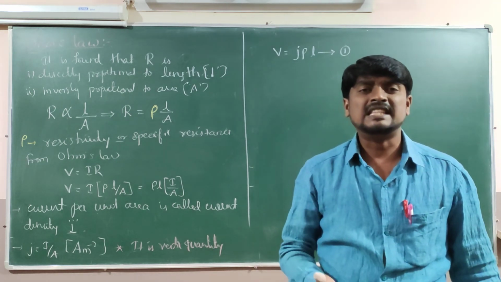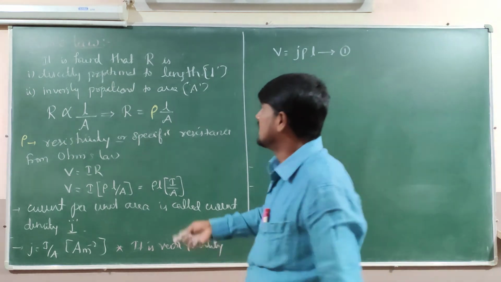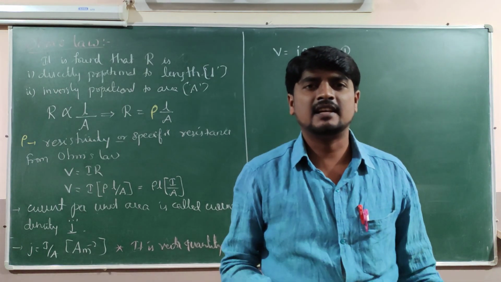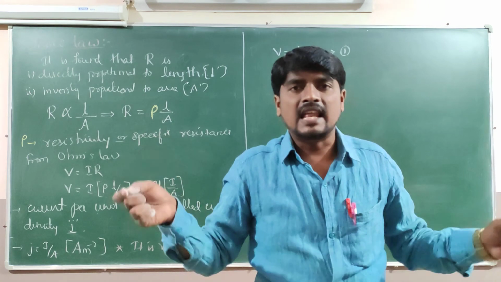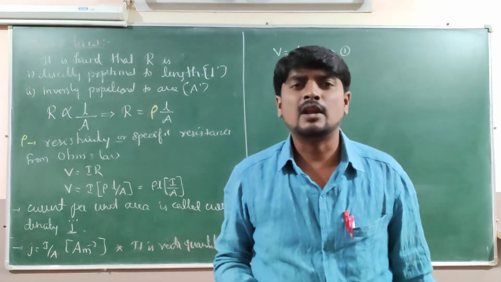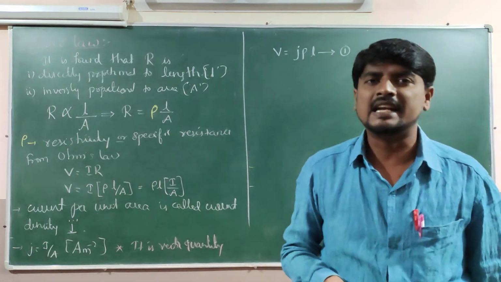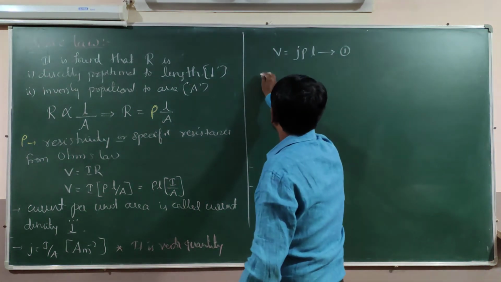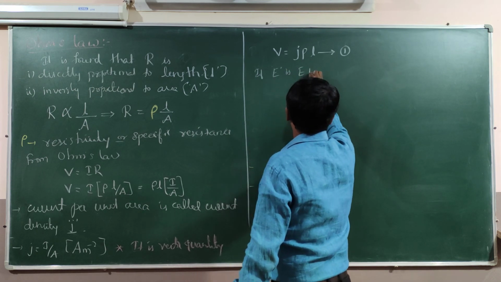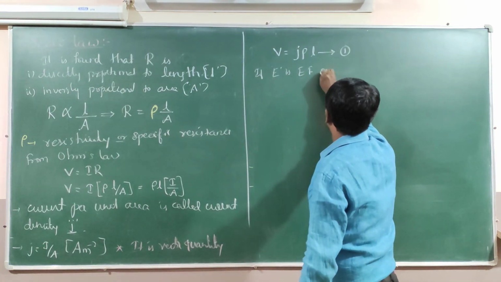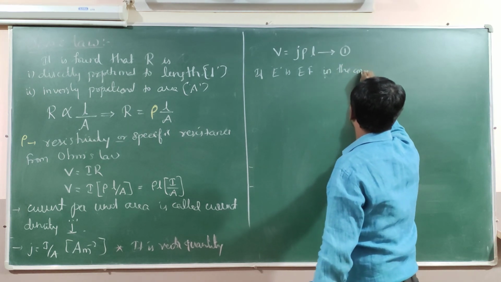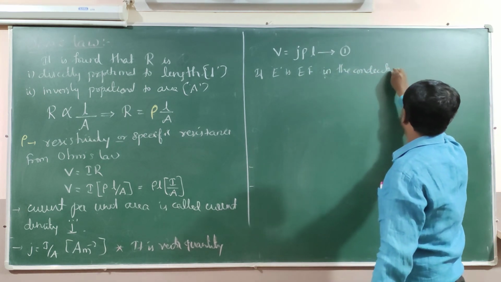If E is the electric field inside the conductor, as I said at the beginning, if E is the electric field inside the conductor of length L, then there is a potential difference across the ends of the conductor. Just recall the relation between electric field and electric potential.